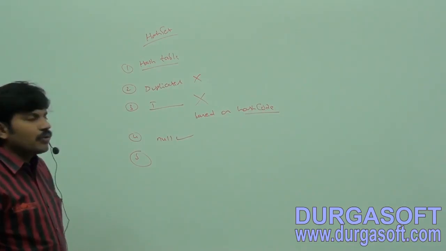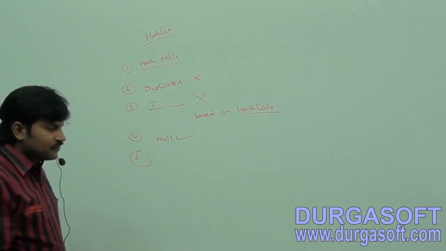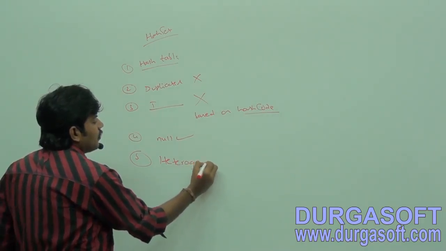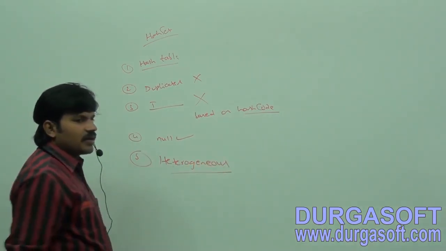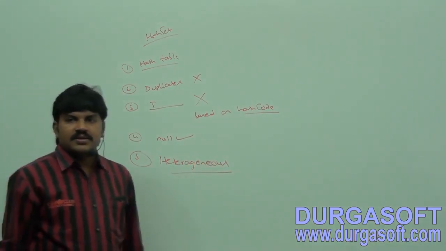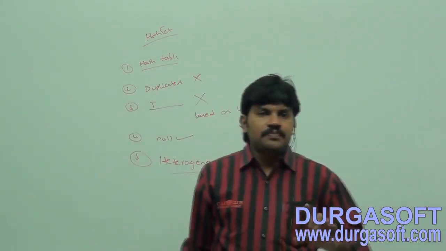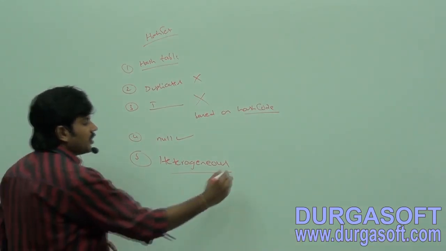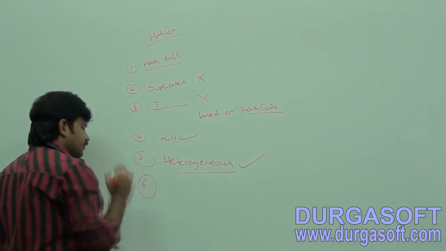Can you tell whether heterogeneous objects are allowed or not allowed? I covered this in the last session. Except TreeSet and TreeMap, everywhere heterogeneous objects are allowed. That's why heterogeneous objects are allowed, no problem at all.